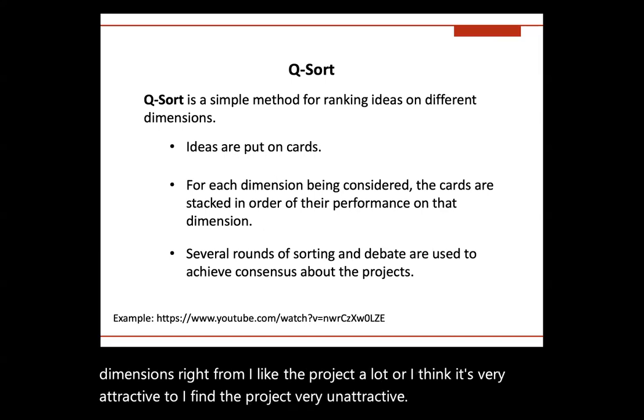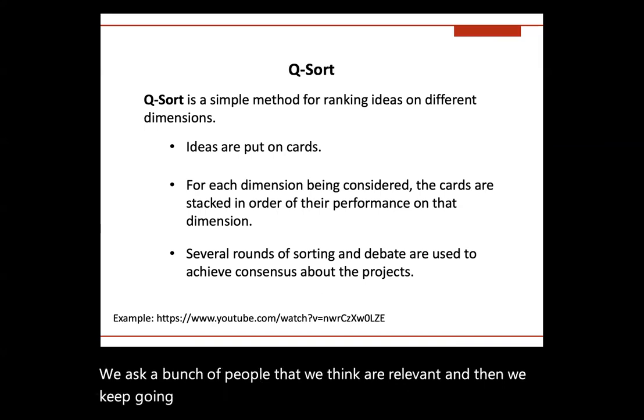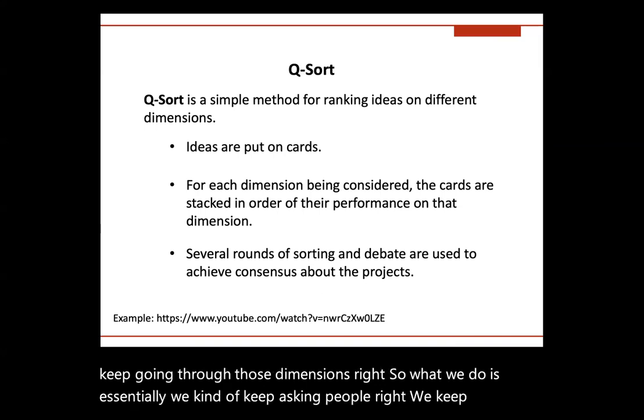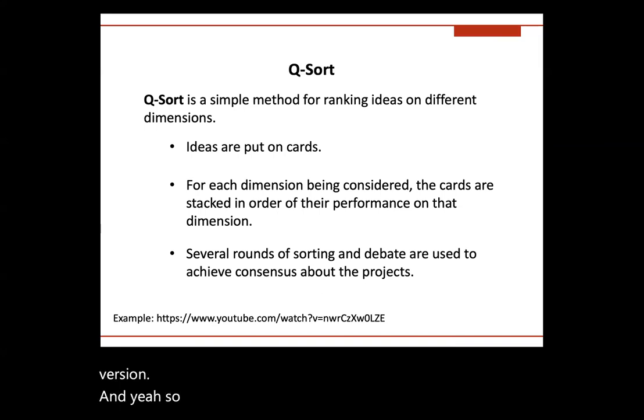We ask a bunch of people that we think are relevant, and then we keep going through those dimensions. Essentially we keep asking people and keep refining our algorithm. It is often also used in a computerized version. And yeah, it's quite interesting.